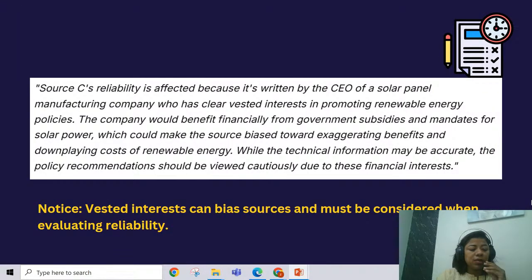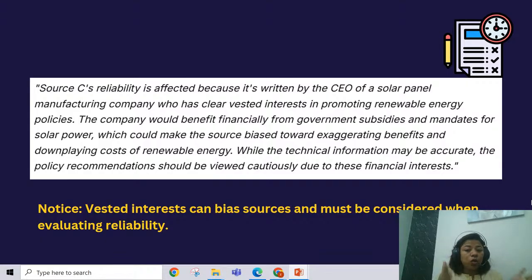So, looking at a sample answer: source C's reliability is affected because it is written by the CEO of a solar panel manufacturing company who has a clear vested interest in promoting renewable energy policies.